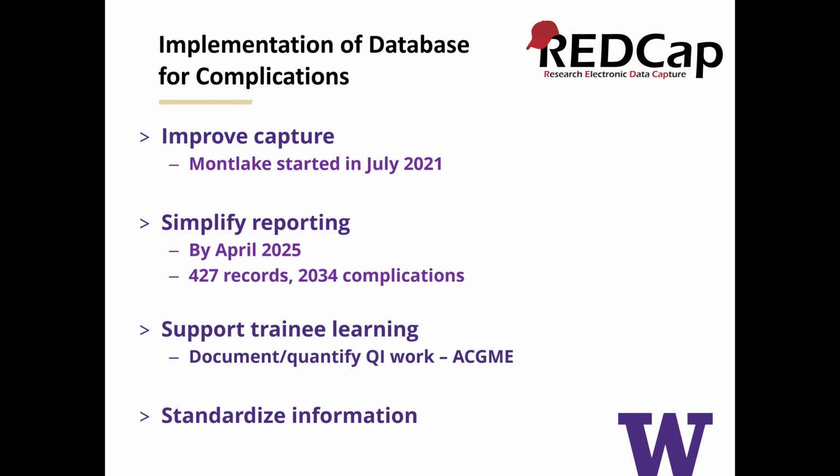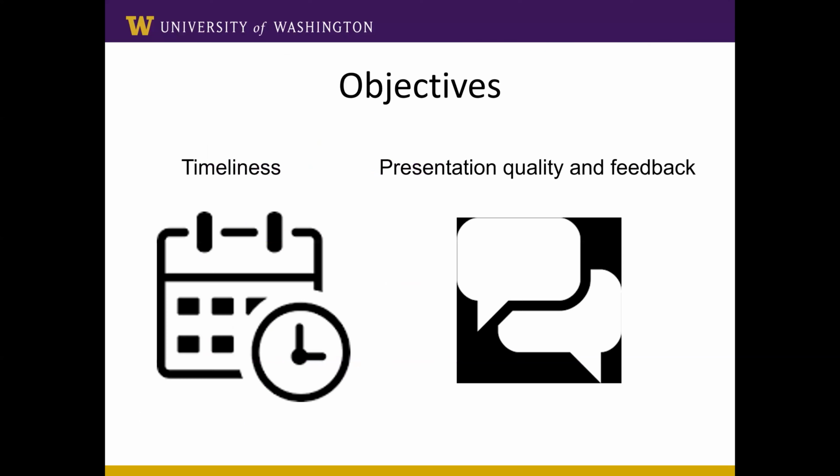It tries to simplify reporting. It really gives us an opportunity to even identify and provide trainees what their involvement is in regards to that. And you can't see the bottom, but ultimately it's to be strategic and again, timeliness and understanding the objectives of feedback for education.